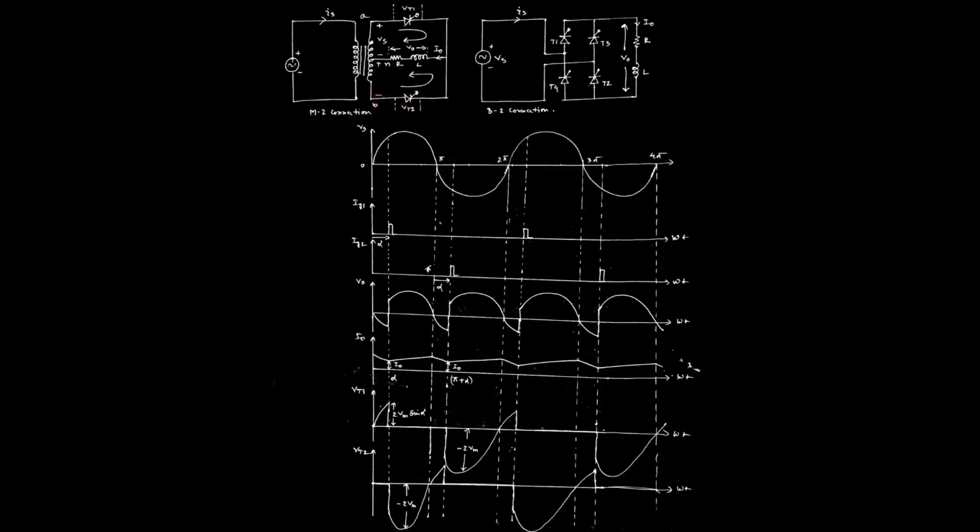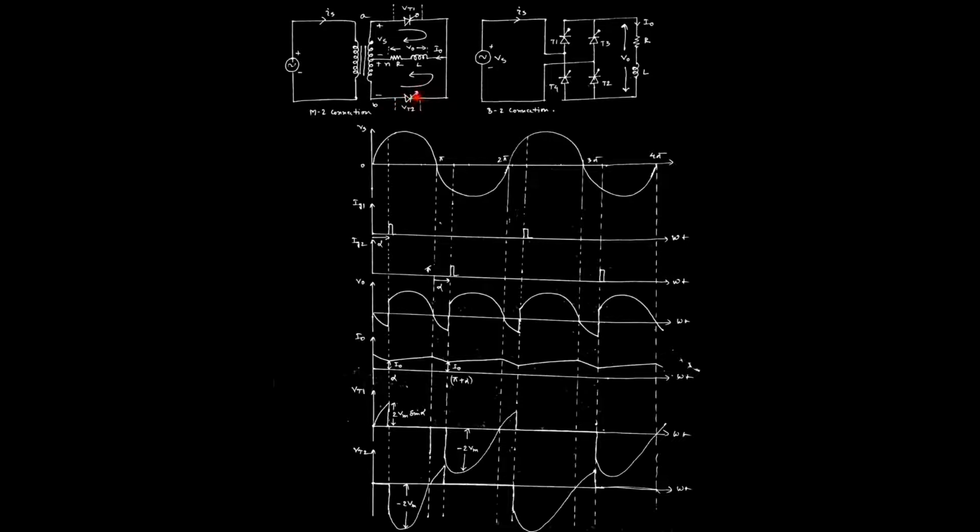When this is positive and this is negative, we can say the first thyristor, I am talking about this one, that is VT1, is in forward biasing condition. Whereas in case of the lower half, when this one is positive and this one is negative, we can say the lower SCR, that is T2, is in reverse biasing condition.